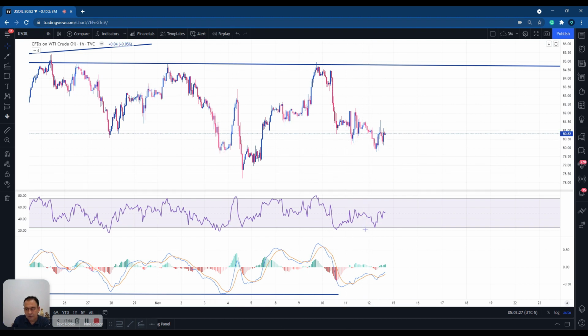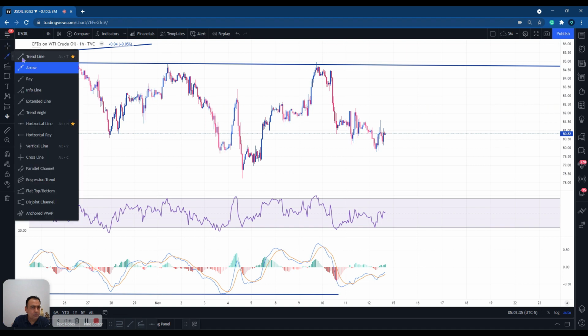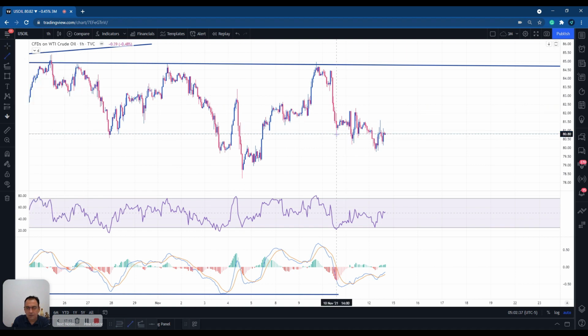H1 is definitely getting some sort of bullish divergence here. See, the price is making lower lows, but RSI has already made a higher low, number one.